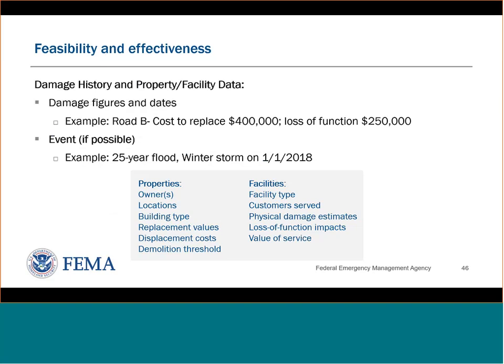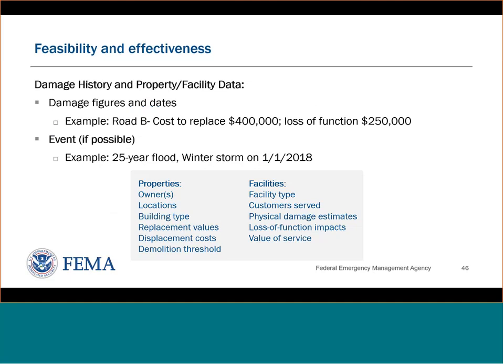Some of the information that we'll be looking for includes damage history and information on the structures and facilities involved in the project. For example, we might be looking at information on a road, and you'll say it's going to cost $400,000 to replace it, but maybe just to repair it and restore the loss of function that occurred is maybe $250,000.